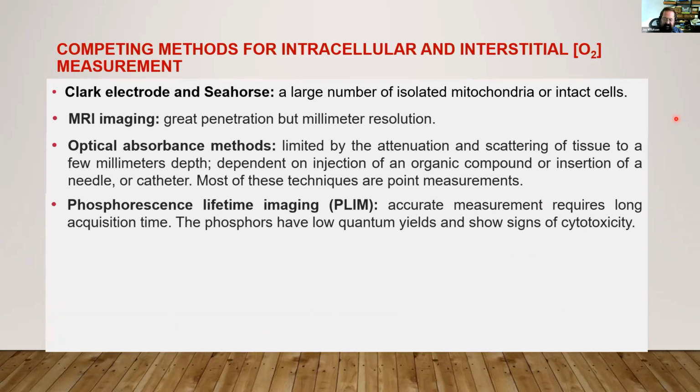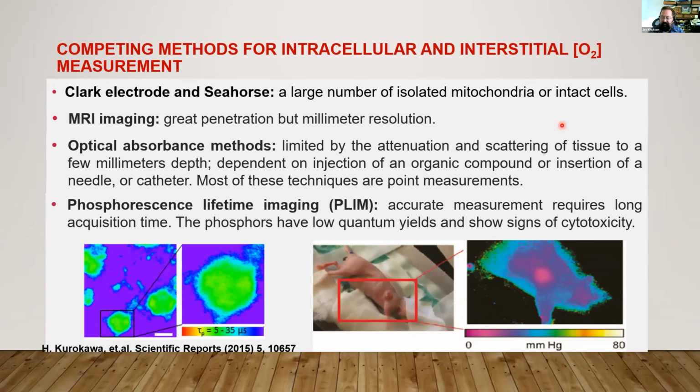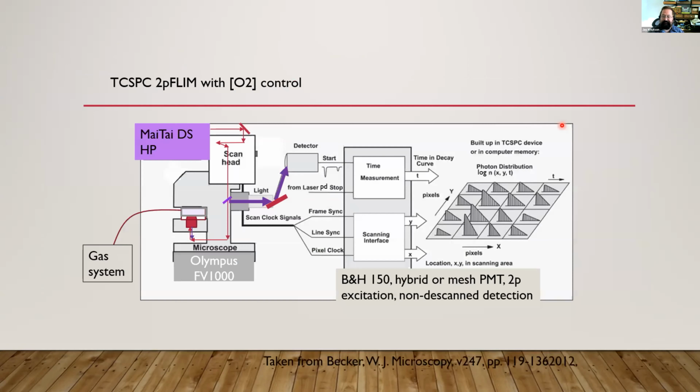Unfortunately, a lot of them are cytotoxic and can only be brought in by endocytosis, so they're difficult to target. But they've still been useful in showing that tumor environments are lower oxygen than normal tissue.